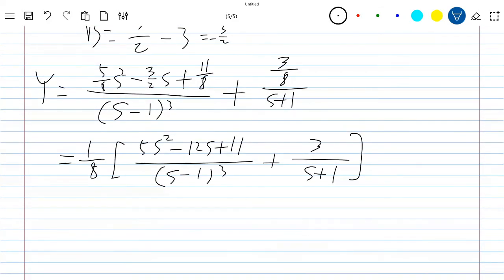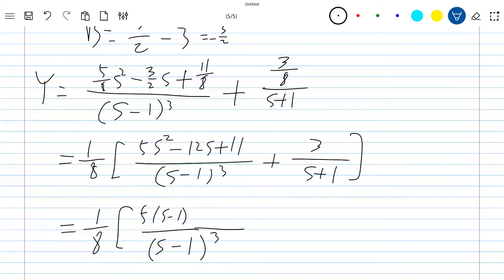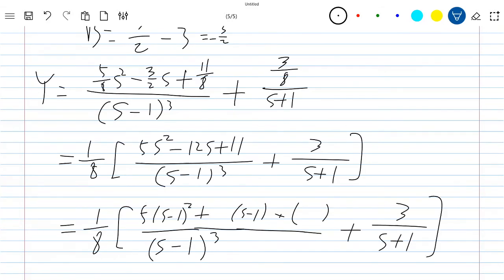Okay, that is not done yet because we want to write this as a function of s minus 1 cubed. Then write this as 5(s minus 1) squared plus something (s minus 1) plus something, so that you will have the cancellation of s minus 1 in the end.